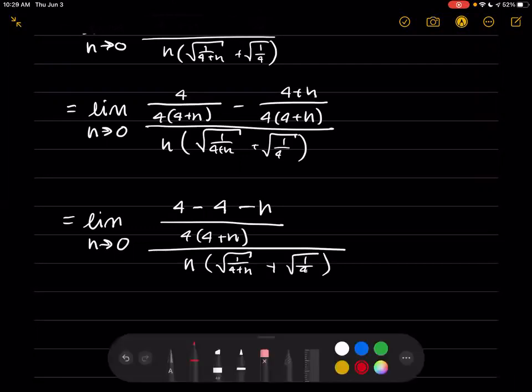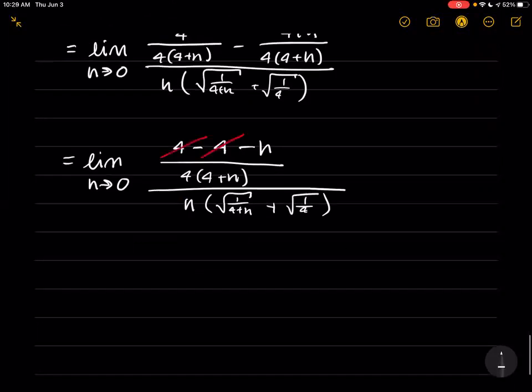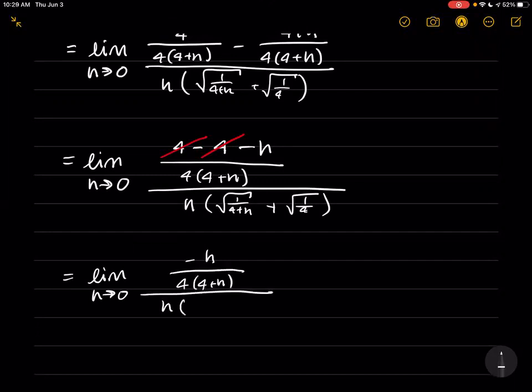Now we see that these two 4s cancel out. And so we just have the limit as h goes to 0 of negative h over 4 times 4 plus h, all over h times 1 over the square root of 4 plus h plus the square root of 1/4.